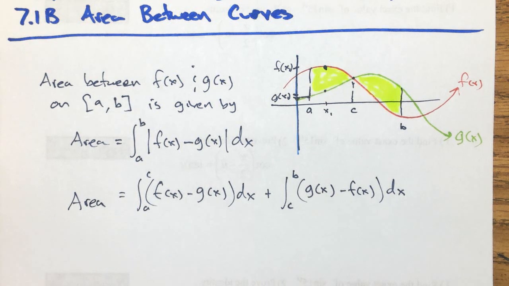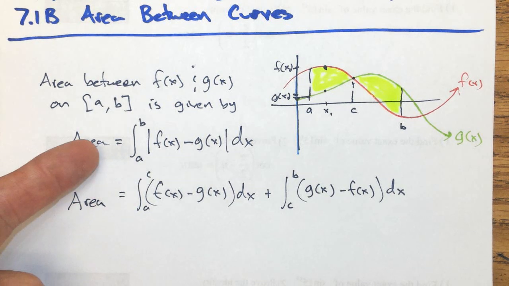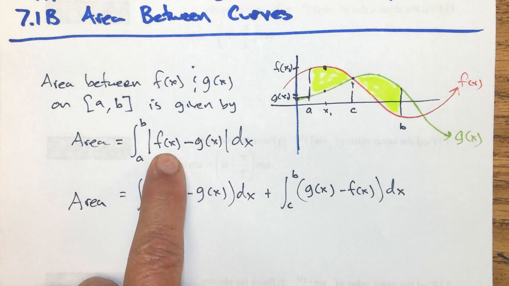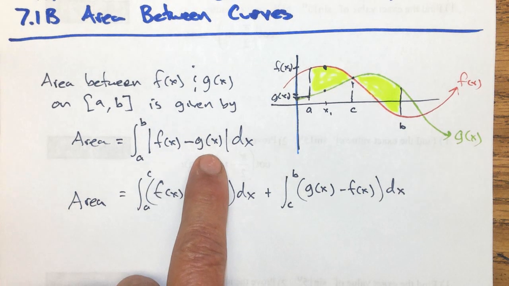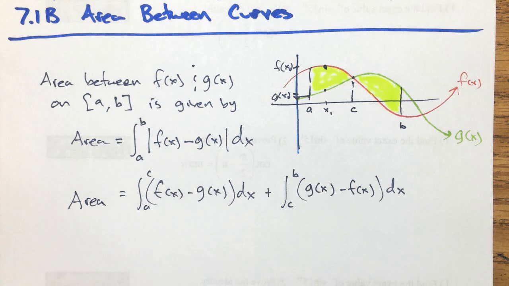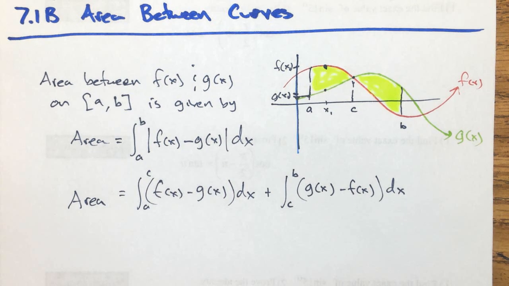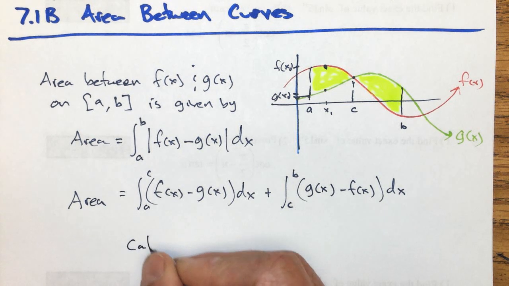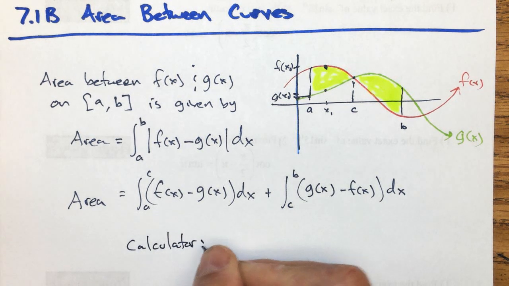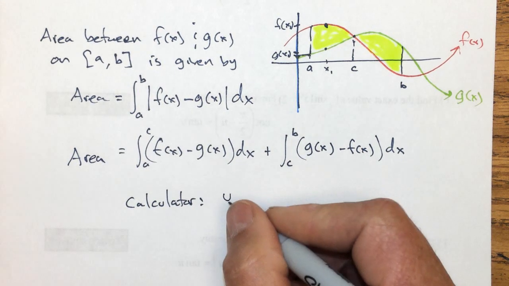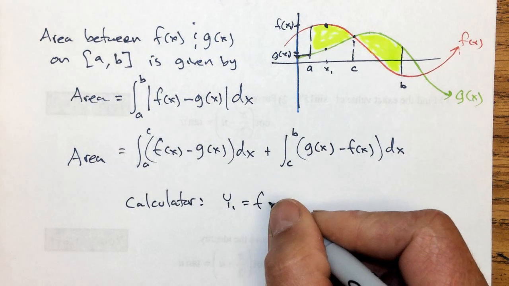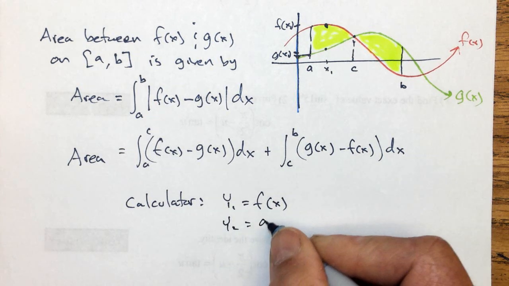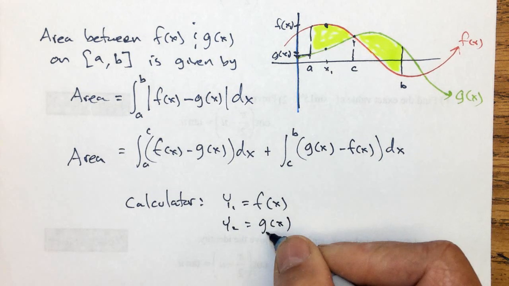Without absolute values. If I was going to do it on the calculator, I would definitely set up my y1 and my y2, and then I would set up a y3 to be the absolute value of the difference. The calculator setup would be y1 equals f of x, and y2 equals g of x. You just plug those things in.